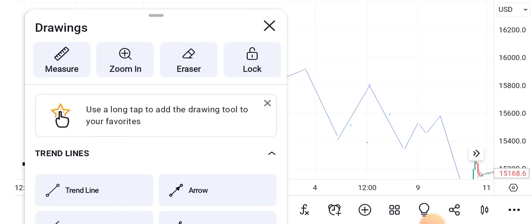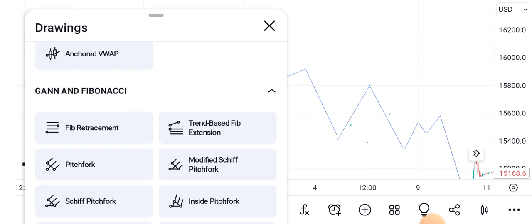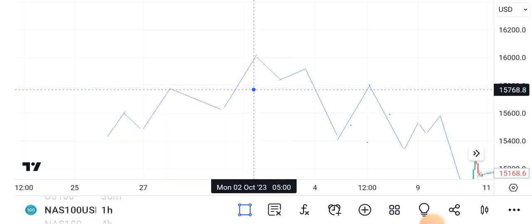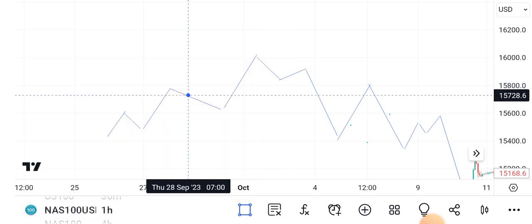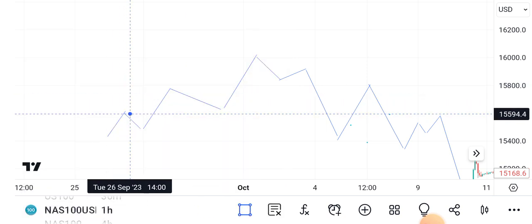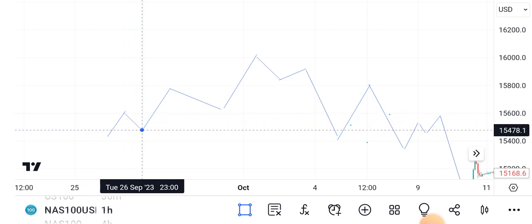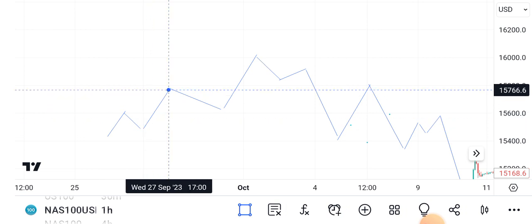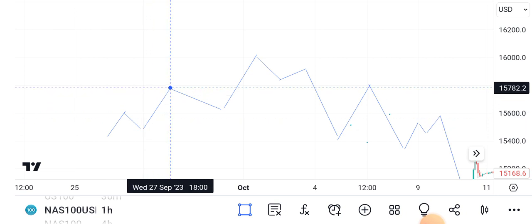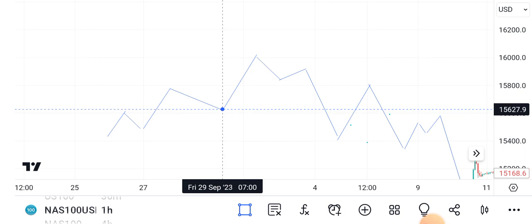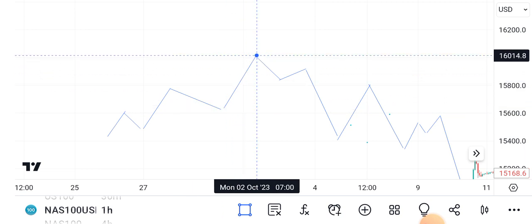The first thing you want to do is determine if the market is buying or selling, right? We can see there's a high on that dot, a low on this dot, a high on this dot, a low on this dot, and a high on this dot.